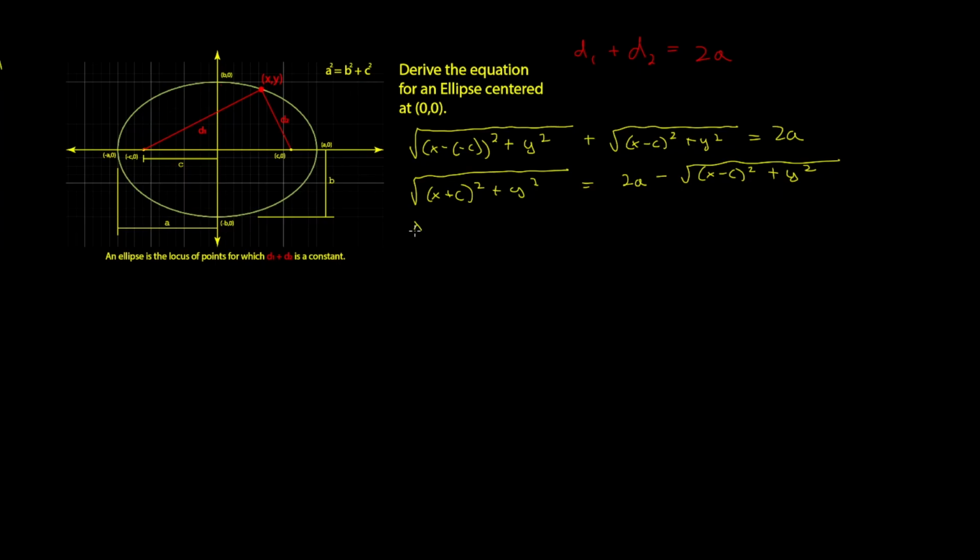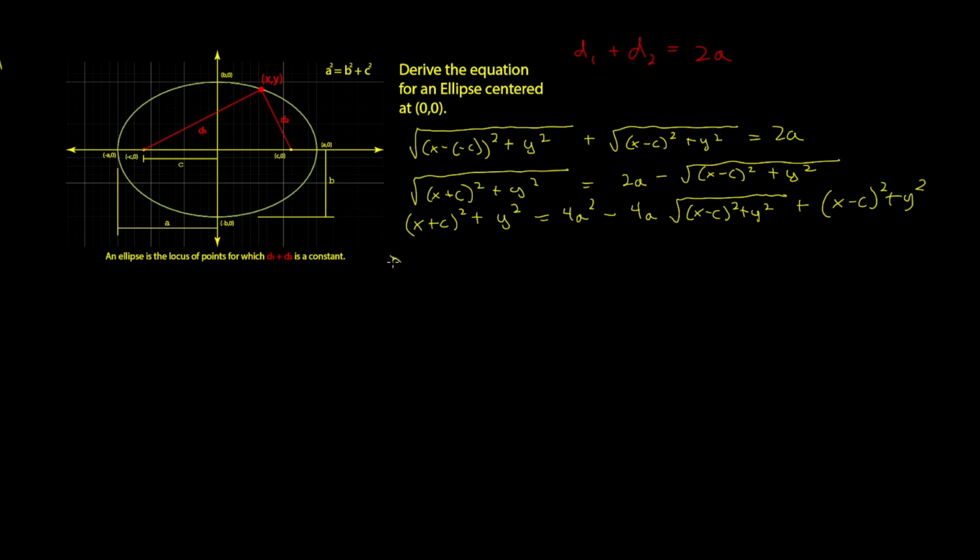Squaring both sides, we get x plus c squared plus y squared equals 4a squared minus 4a times square root of x minus c squared plus y squared plus x minus c squared plus y squared. If you're in a class like this where you're going to do this, I'm assuming you can square both sides and understand what we're doing here, so we're not going to write it out.